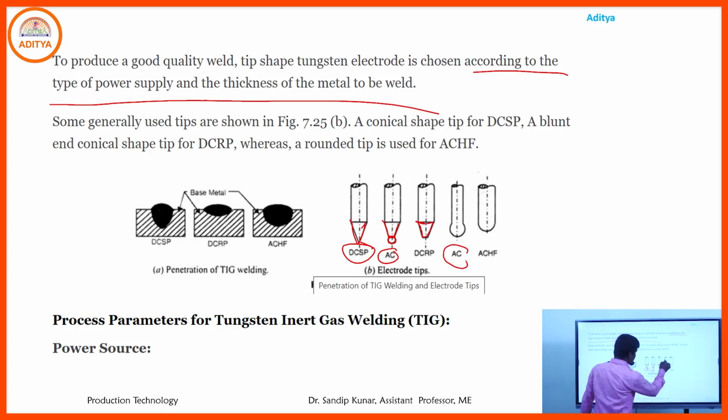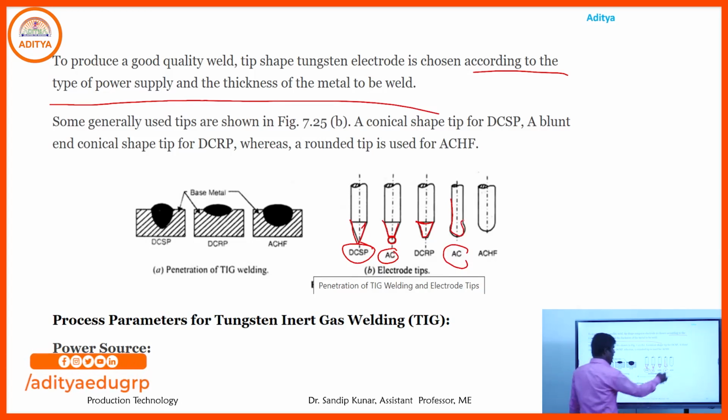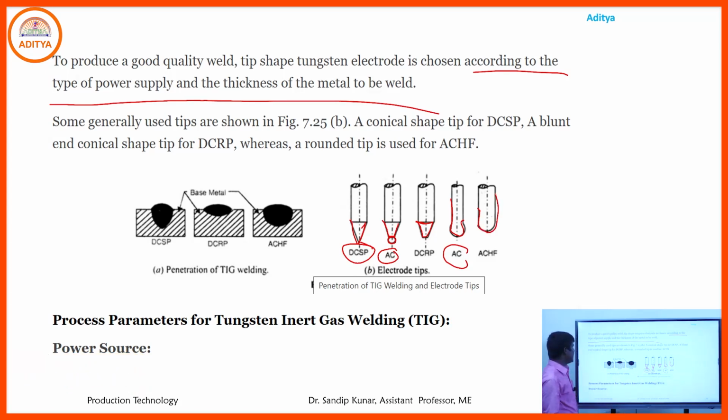And for AC current with high frequency, we use another. So here we have seen a conical tip for DCSP, a blunt-end conical shape for DCRP, and a round tip shape used for ACHP.